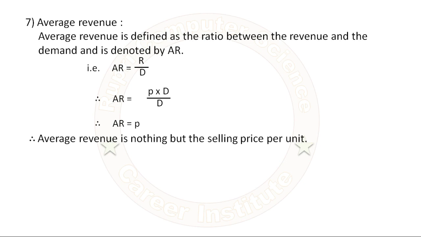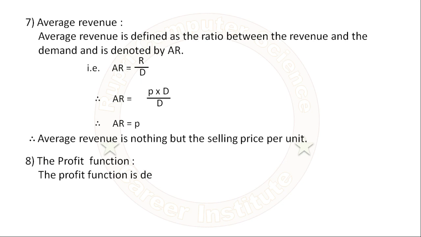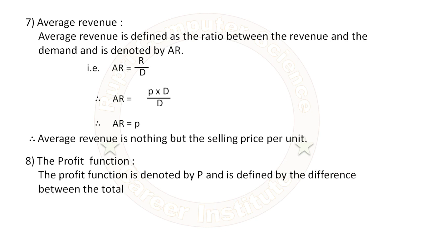Do you understand? Okay. Now next, number eight is the total profit function. The profit function is denoted by P and is defined by the difference between the total revenue and the total cost.